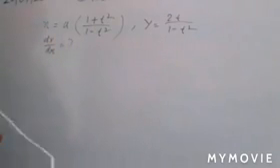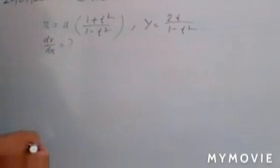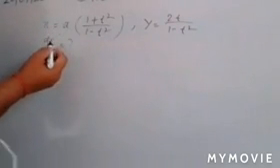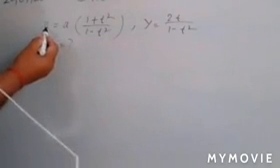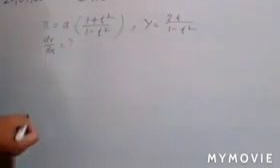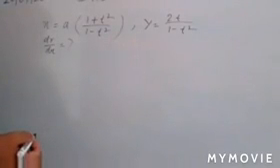Okay. So what you do, first of all, you try to find the value of dx by dt and dy by dt by applying the quotient rule.